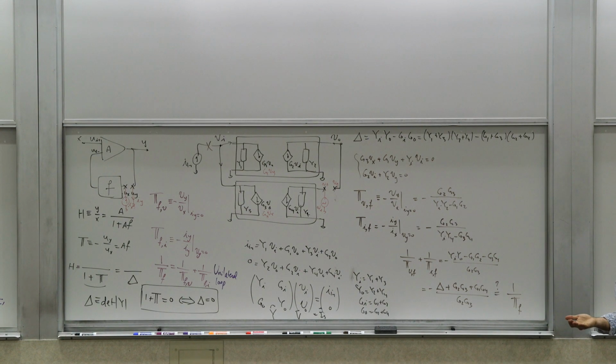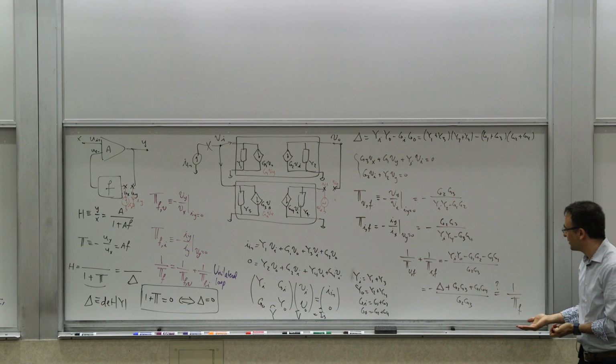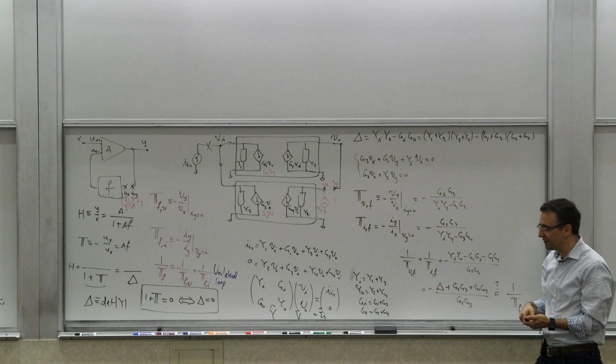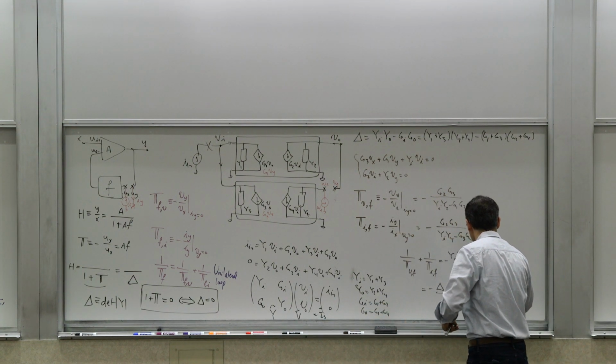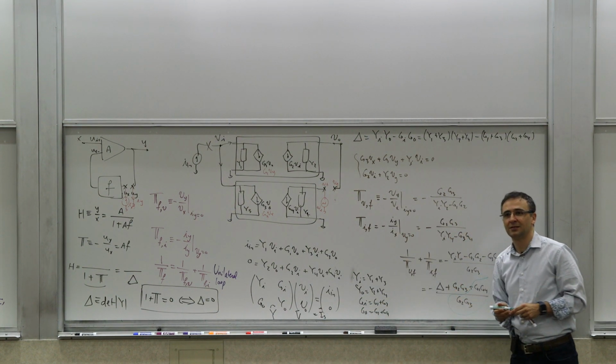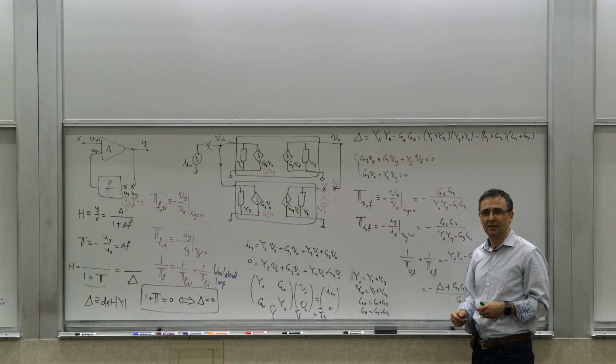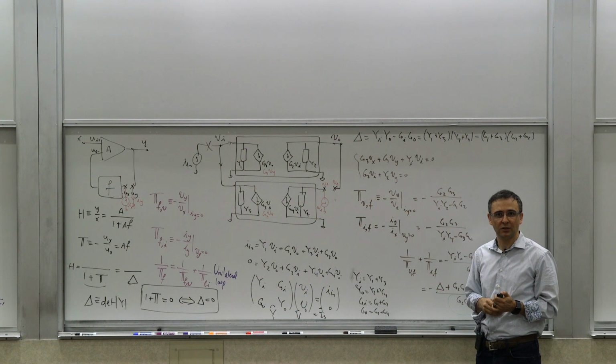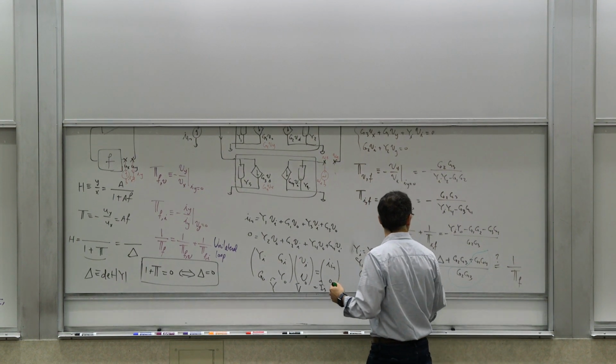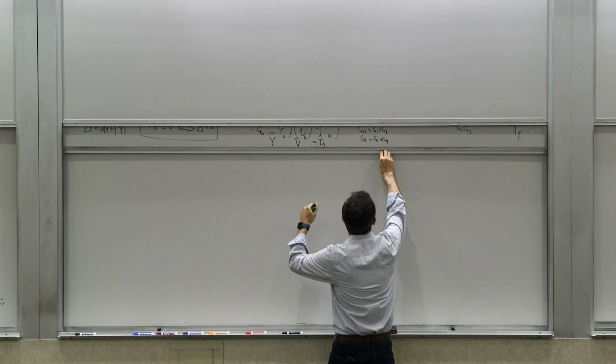There's a correction factor, and that correction factor is right in front of our eyes. This is the correction factor, right? If I add this correction factor to this term, then I will have the correct definition of the loop gain for bilateral. Let me write this down here.